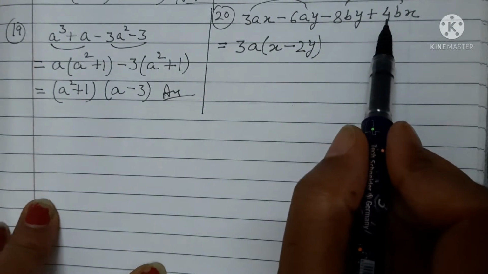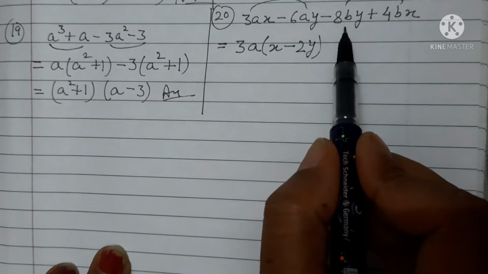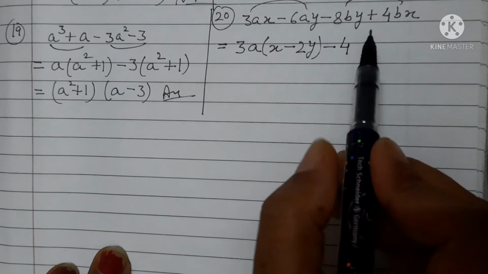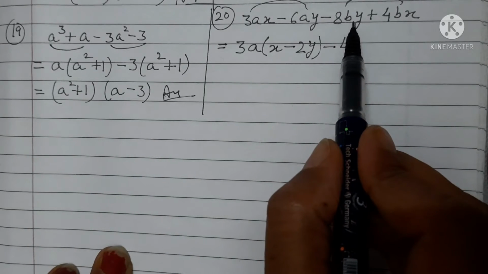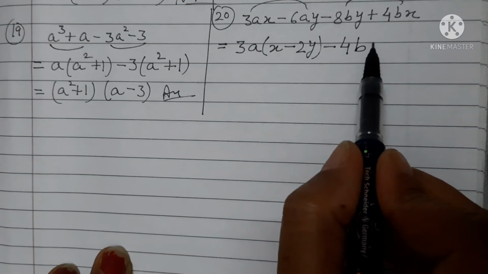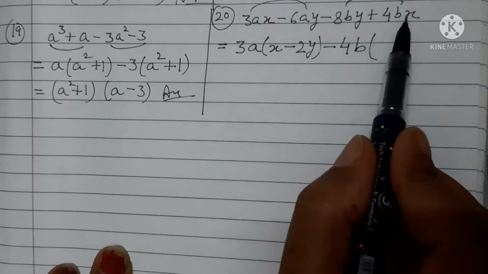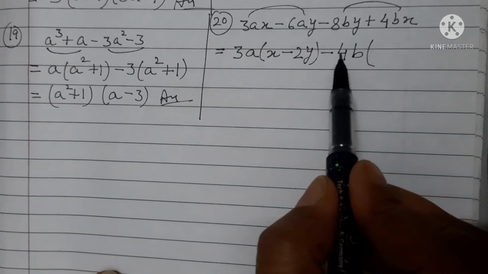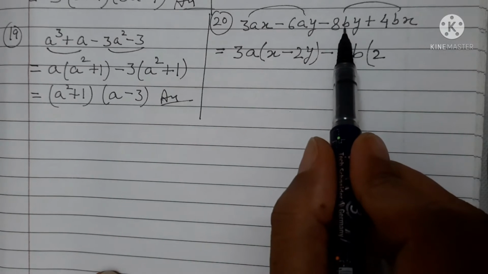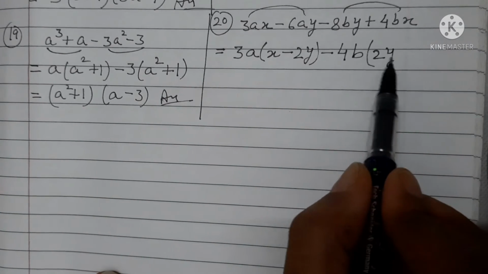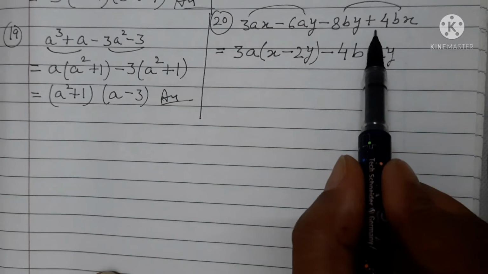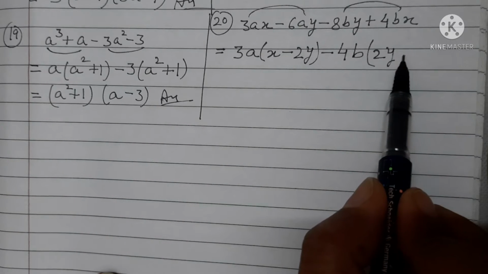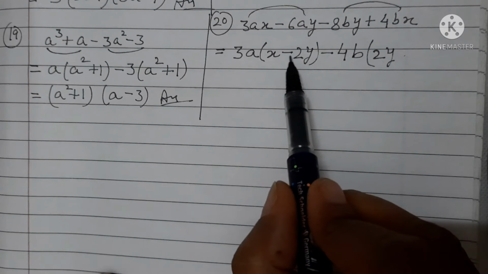Now next step, you can take 4 common, so write down here minus 4, and b common. Now nothing is common in these two terms, so write down the remaining part, which is 4 times 2 for the 8, means 2, b you have taken out, y 2y, and here this is a plus, so you can write here minus, but here minus 2y.